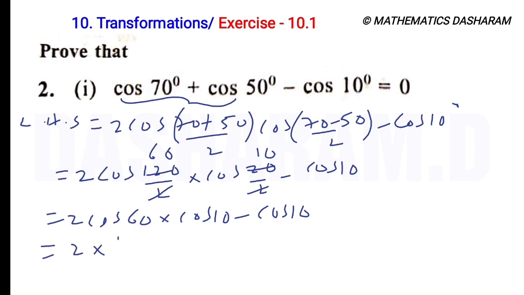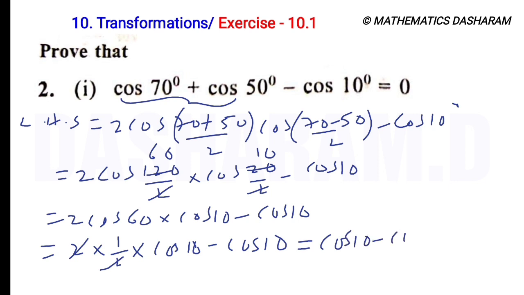So 2 into cos 60, which is 1 by 2, into cos 10 minus cos 10. Here the 2 cancels. So it is cos 10 degrees minus cos 10 degrees. Then both are cancelled. So it is 0, the RHS. Hence proved.